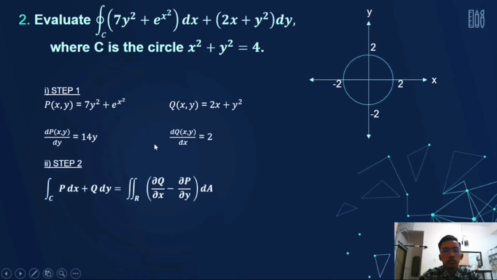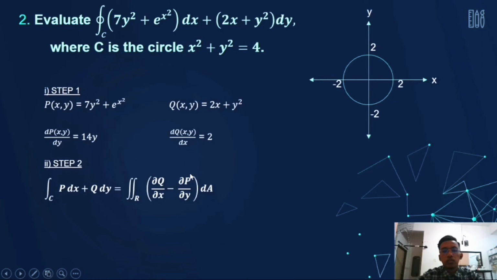For step 2, we know the formula: double integral of (dQ over dx minus dP over dy) dA.